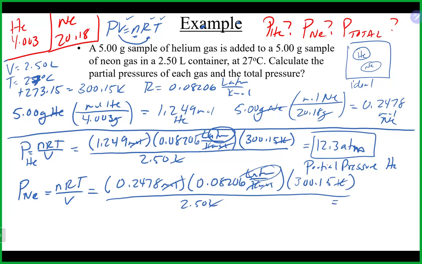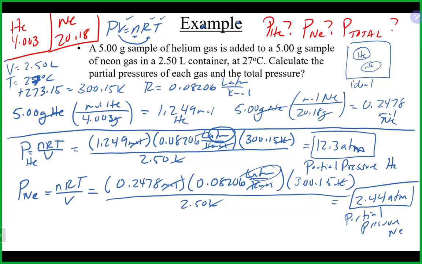And that will get us here for neon, 0.2478 times 0.08206 times 300.15 divided by 2.5, 2.44 atmospheres. And this would be the partial pressure of neon. First off, any questions on either of those calculations?